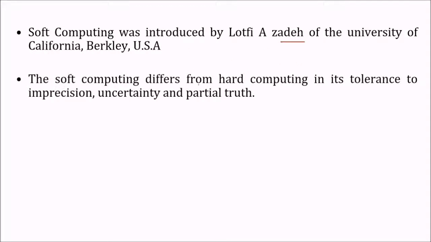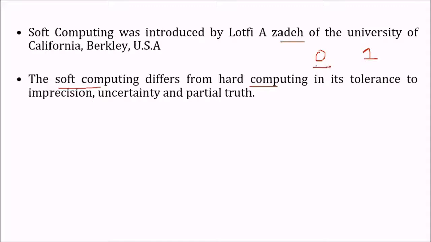Soft computing is soft. That means it differs from hard computing because it has tolerance of imprecision, uncertainty, and partial truth. When you talk about zero and one in digital, let us take an example.